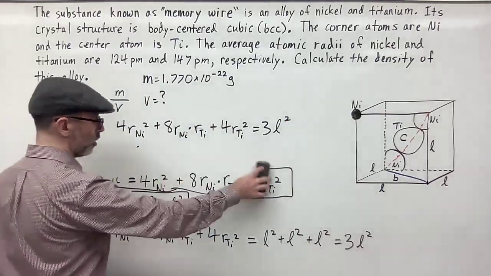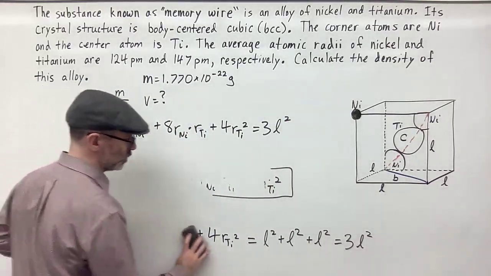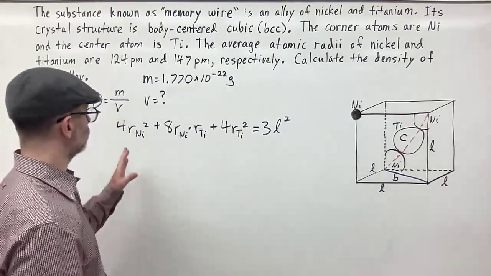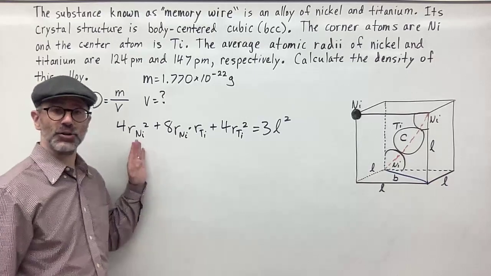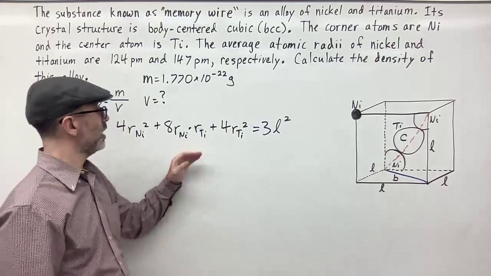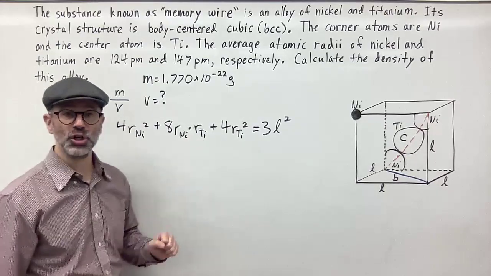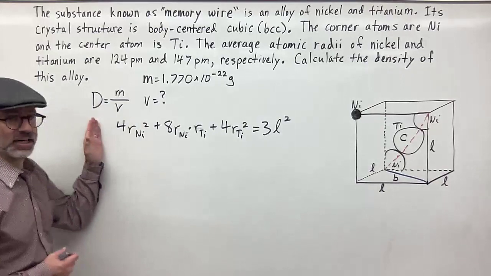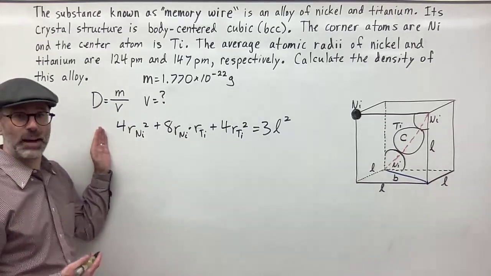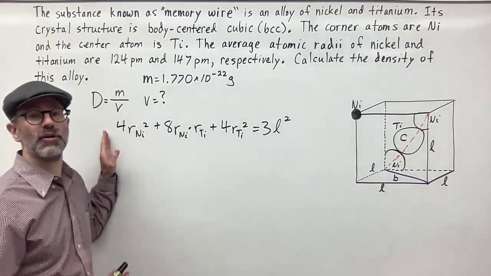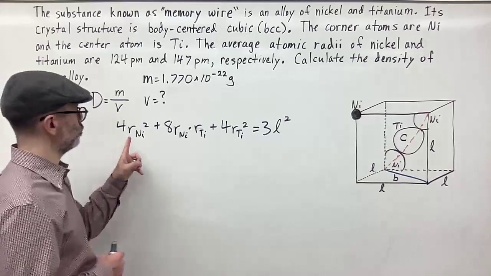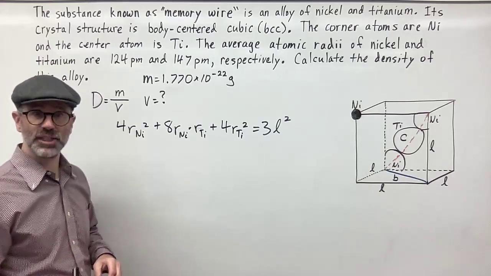Okay, so now I'm going to erase this to give me more space. Now we just need to figure out the radii of the nickel and the titanium. We want this in centimeters cubed because going back to our density, the density of a solid is normally measured in grams per centimeter cubed, where the volume is in centimeters cubed. So we're going to have to convert the radii to centimeters.